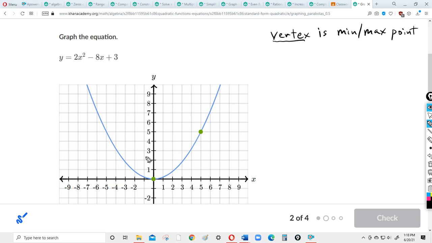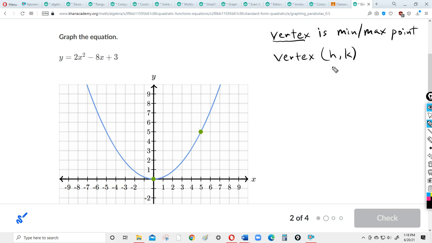If this was your parabola, this would be the minimum right here. And the coordinates for the vertex are h, comma, k. They did not use x and y because the vertex is a special point.